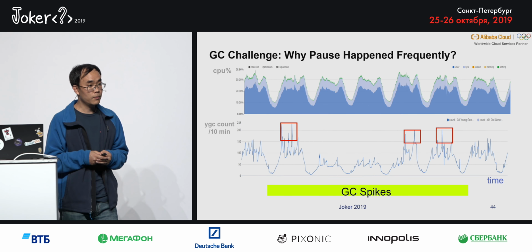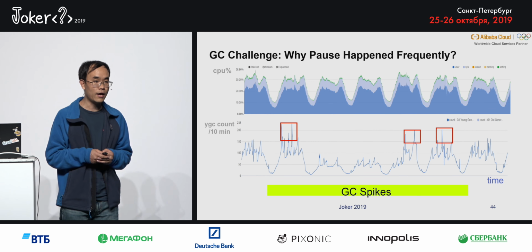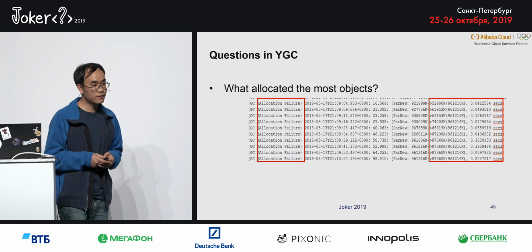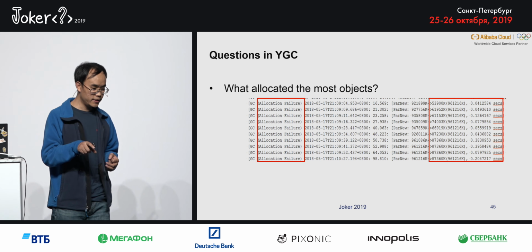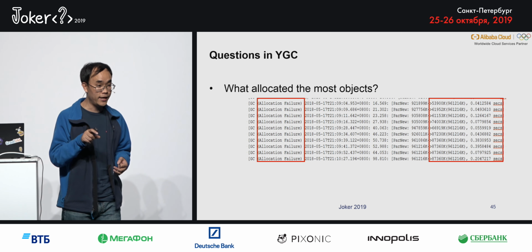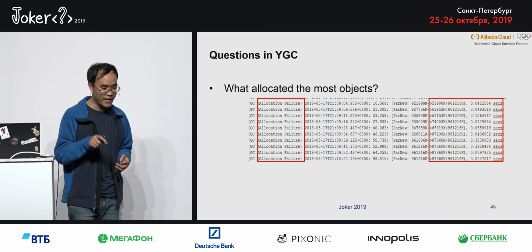So the problem is how can we resolve it? Can we have some tools to resolve it? Yes, I think maybe you can check the GC log, right? From the GC log, you can see lots of allocation failures, and you can see many young GCs have been triggered.